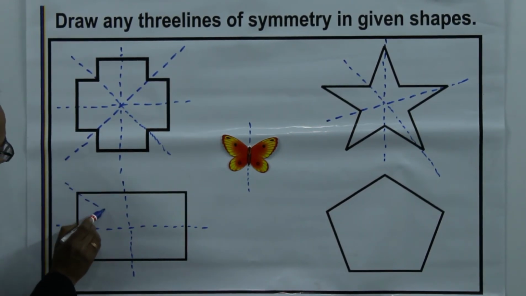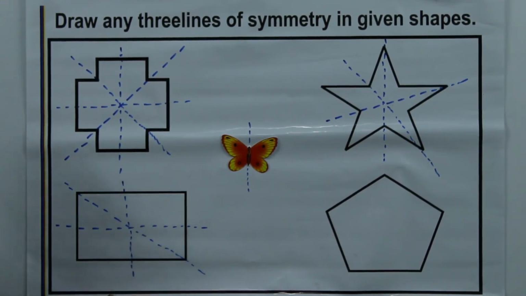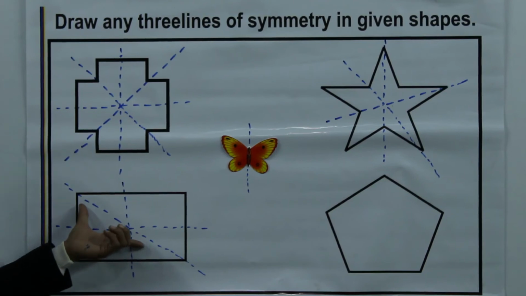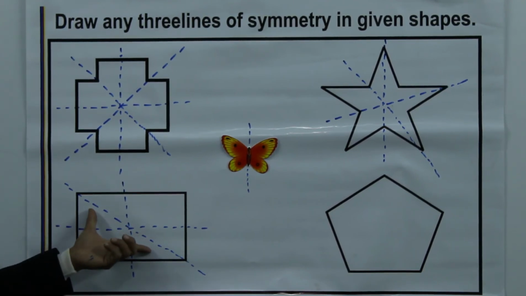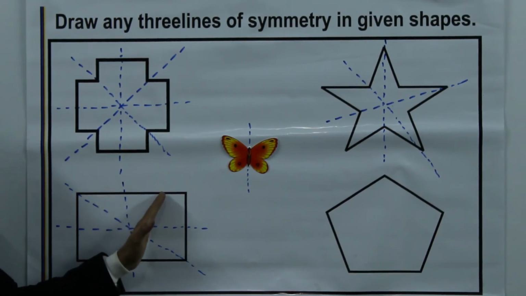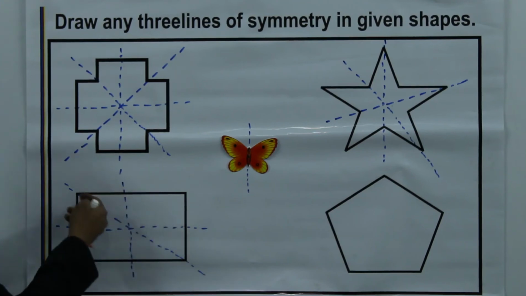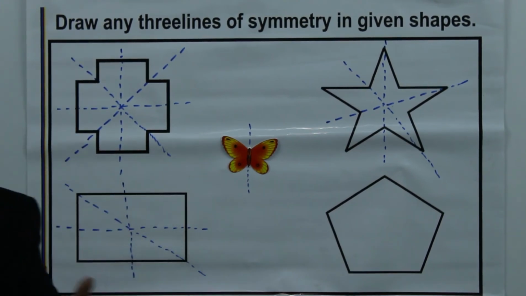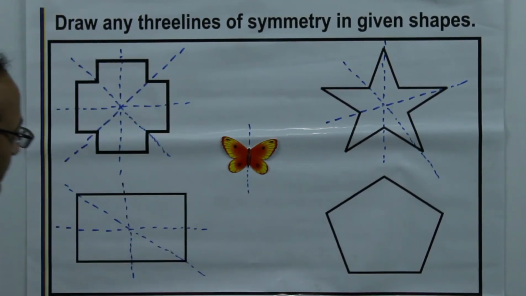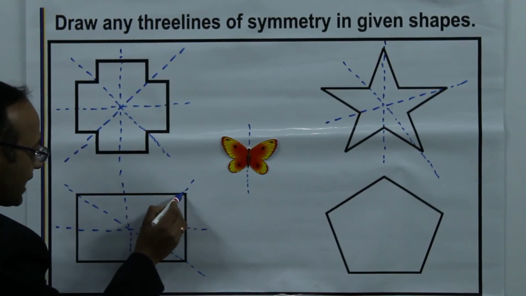Here, from this corner to this corner. It is also a line of symmetry because this line divides this figure into two equal parts. One part and second part. So it is a line of symmetry. Again, the next line we can draw from this side.